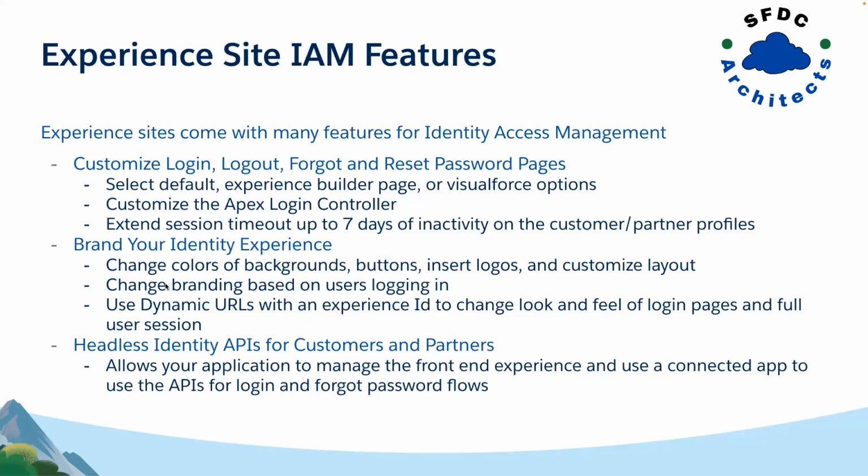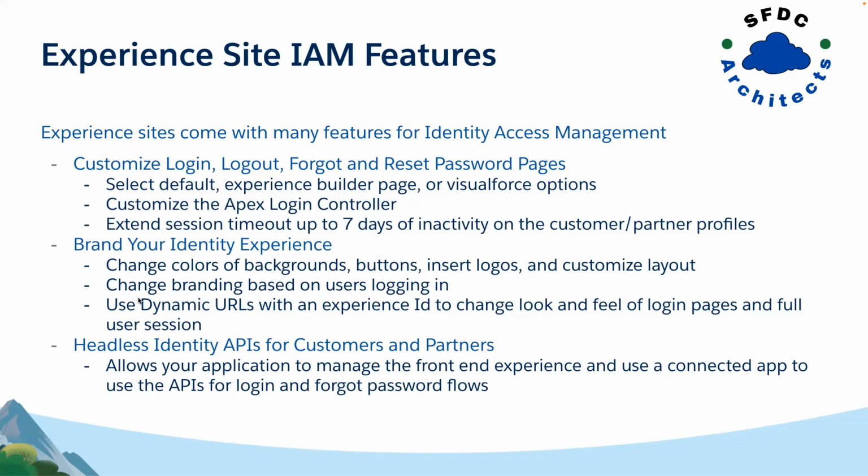You can also set features, so you can change the branding based on the user that's logging in. Maybe you have partners that are different levels. One of them is a standard partner, and another one is a gold partner or a platinum partner. Each one of those can have a different login experience by using what's called an experience ID, which is EXP ID, that you pass through.